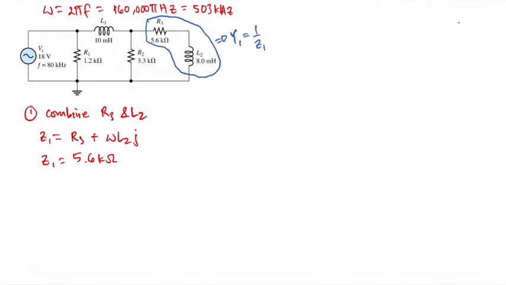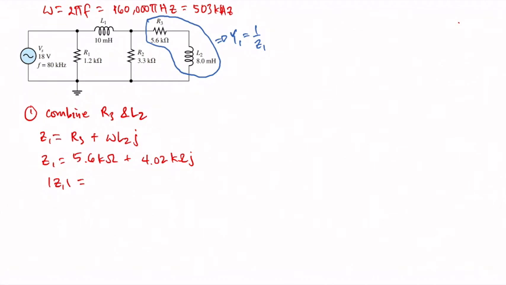Okay, and Z1 is easily solved as 5.6 kilo ohms plus 4.02 kilo ohms j hat. Let's get the absolute value of Z1.